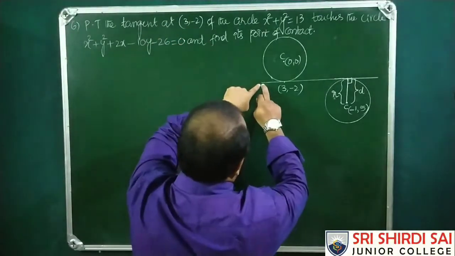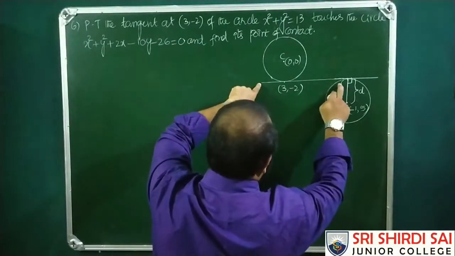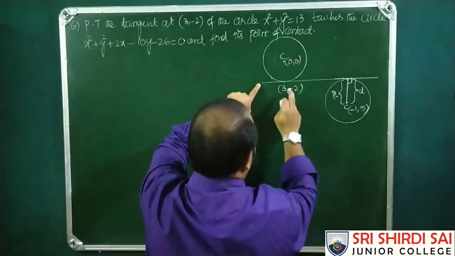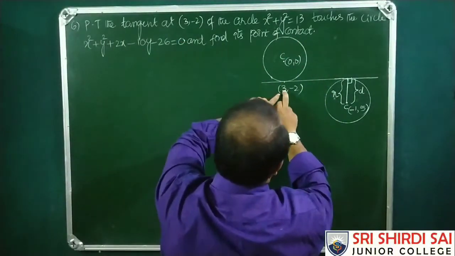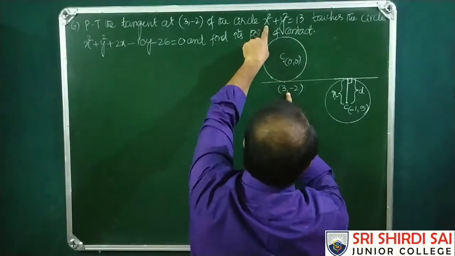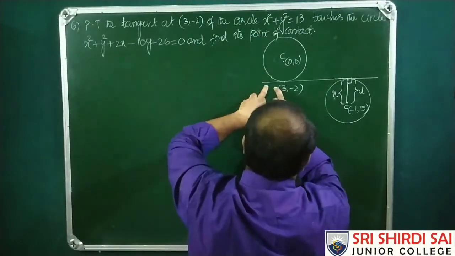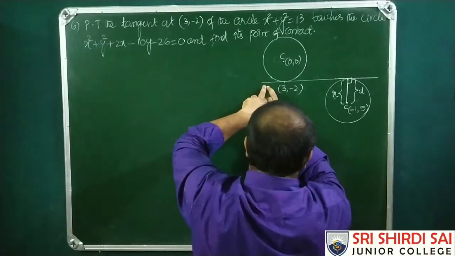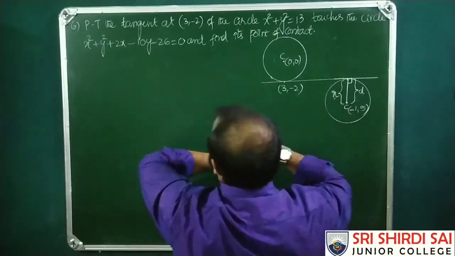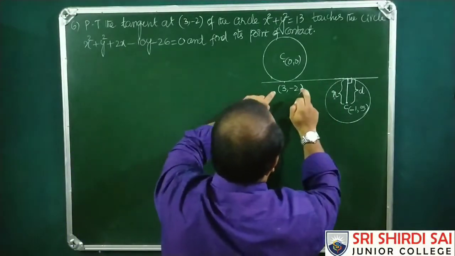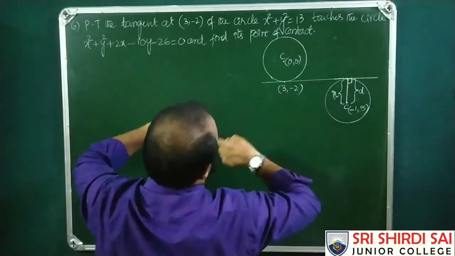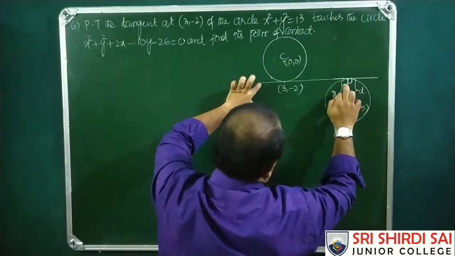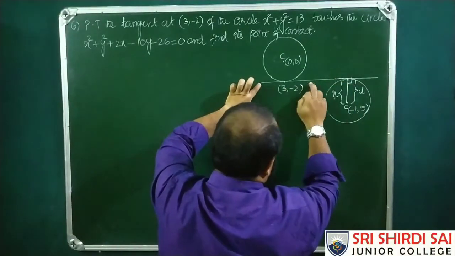Let us suppose that this is the line which touches this circle at 3 comma minus 2. So the tangent at 3 comma minus 2 is S1 equals 0. So then we will be getting one line.